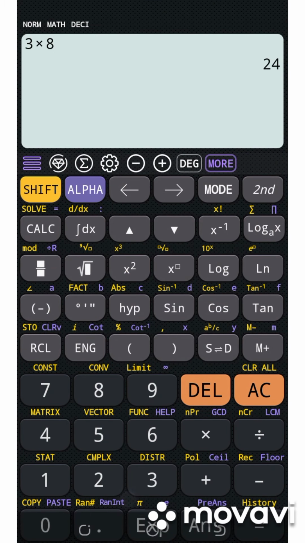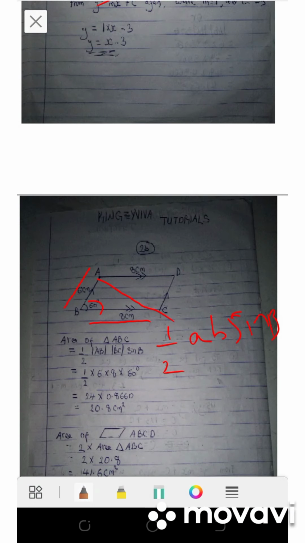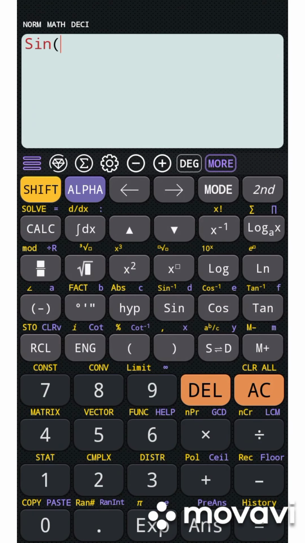is 24, so I have 24 times sine 60, which is 0.8660 to 4 figures.